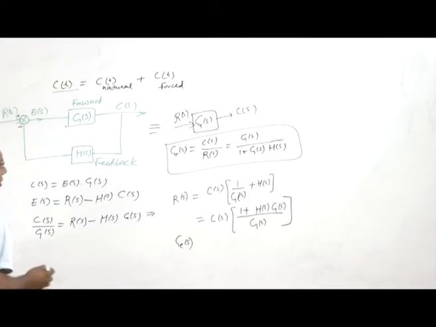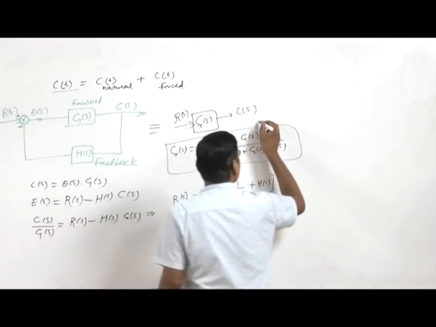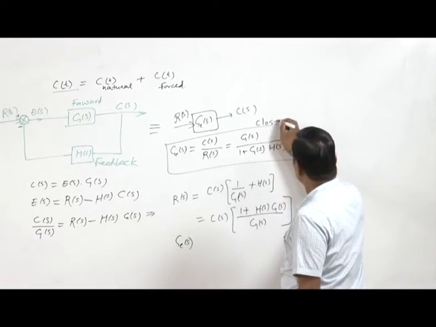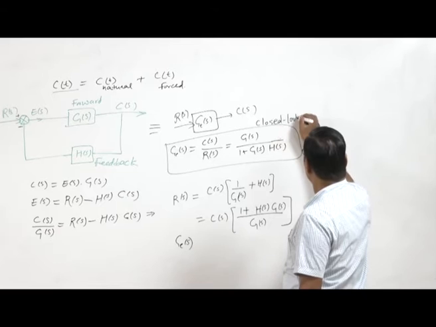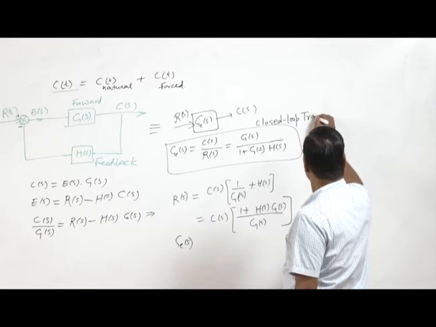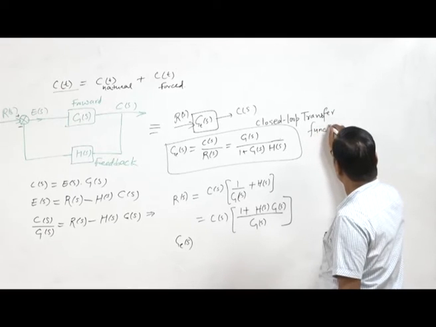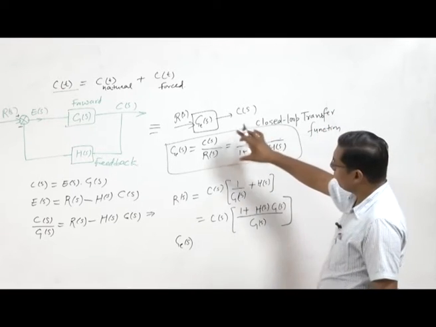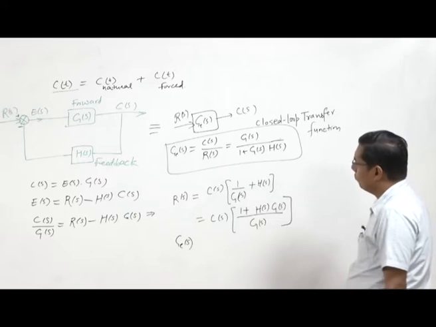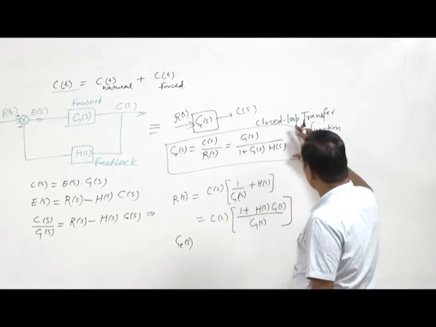So this is called the closed loop transfer function, or equivalent transfer function of this system. This is an equivalent closed loop transfer function.